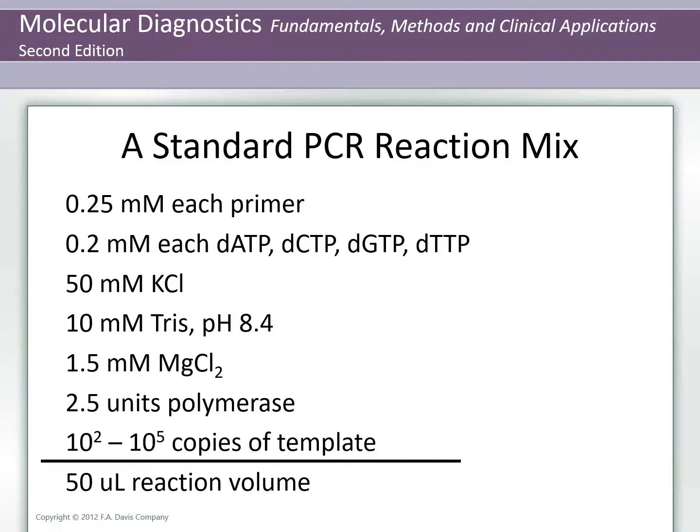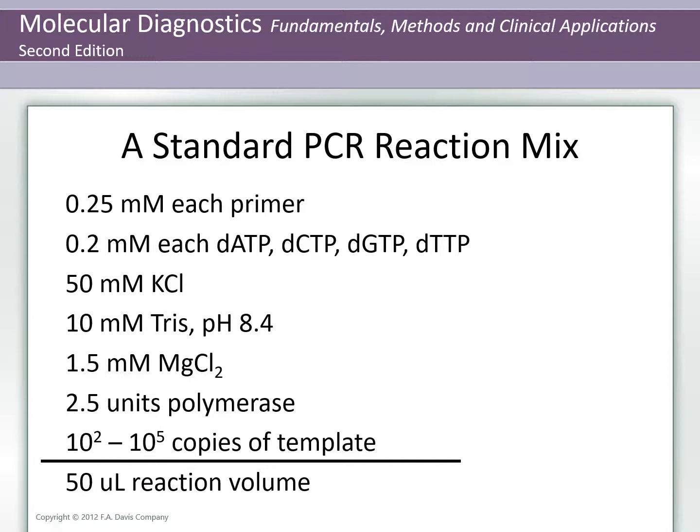The 50 millimoles of potassium chloride are added as a monovalent cation or a salt for optimal hybridization of primers to the template. The 10 millimoles of Tris at a pH of 8.4 are required to maintain optimal pH for the enzyme reaction, and this is a buffer.